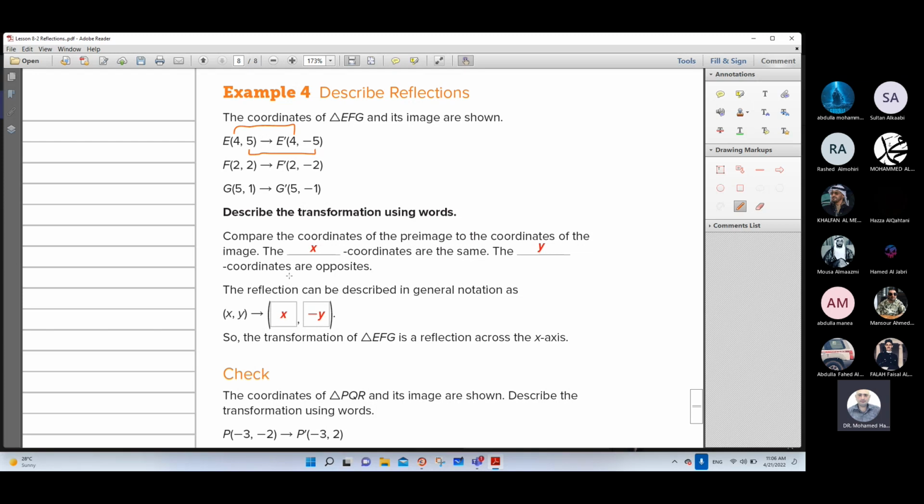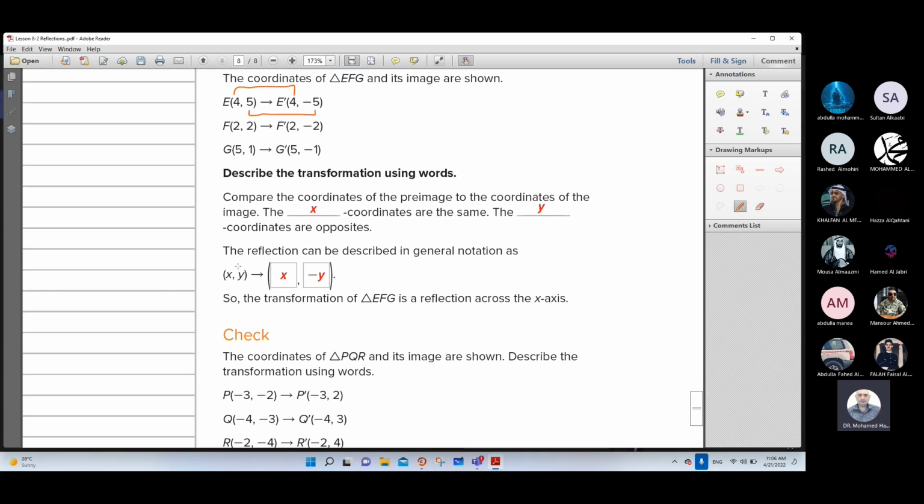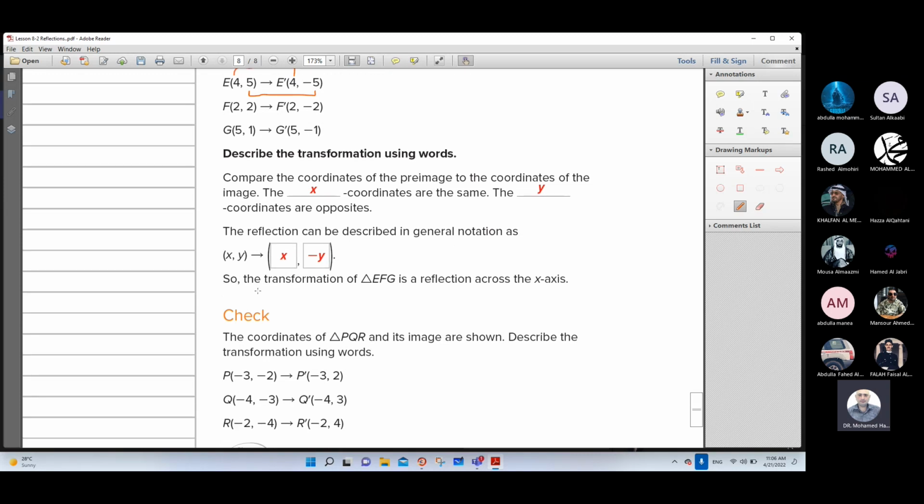The y coordinates are the opposite. So the reflection can be described with general notation: the reflection of (x, y) will be (x, negative y). So the transformation here, triangle EFG, is a reflection across what? The x-axis, because we have the same x.